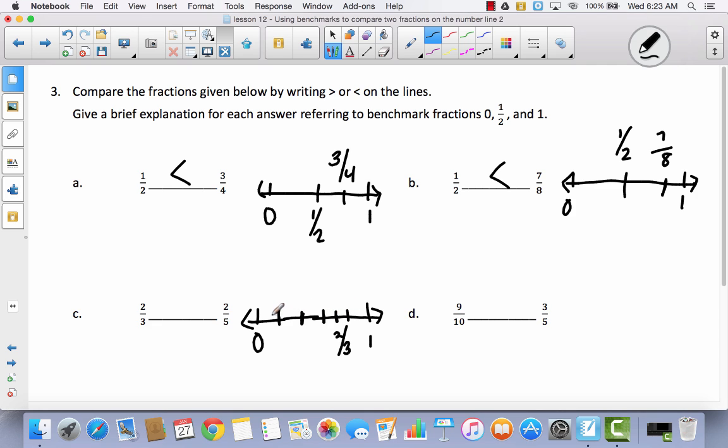So ignore this one. So I've got 1, 2, 3, 4, 5 parts. So let's do 2/5. 1/5, 2/5. So 2/3 is greater than 2/5 because 2/3 is closer to 1 and 2/5 is closer to 0. All right, let's take a look at D.